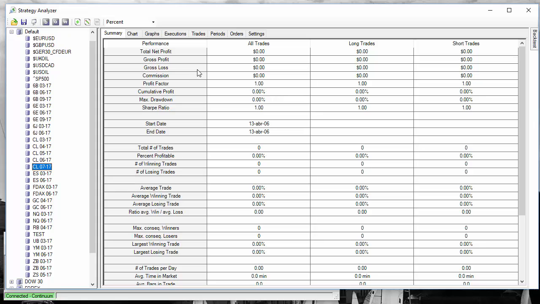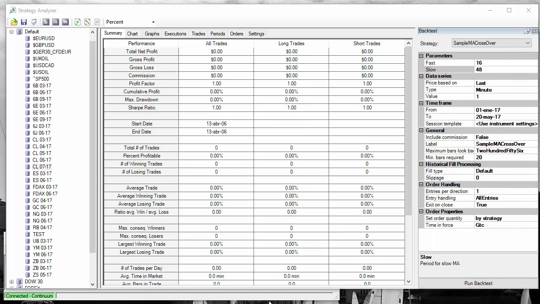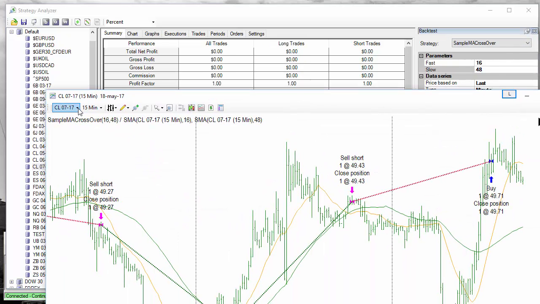Click on the backtest, select the strategy, sample moving average crossover, and we set the two input parameters with the settings that we have on the chart, and also the same time frame, 15 minutes.